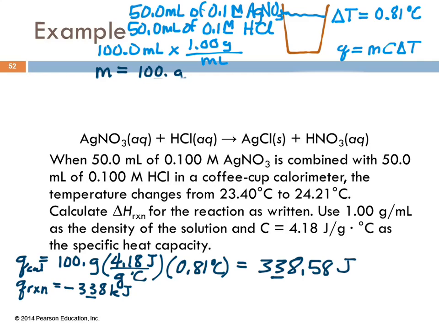So let's use a different color here because we're doing a different part. We've got 50 milliliters, which is 0.0500 liters of 0.100 moles per liter of silver nitrate.